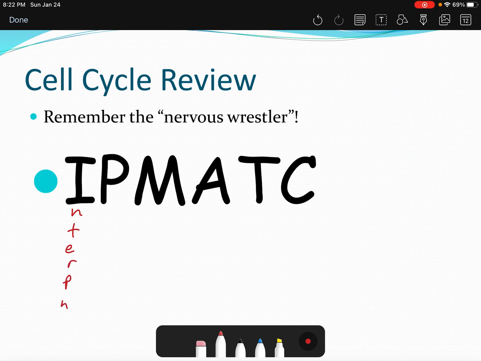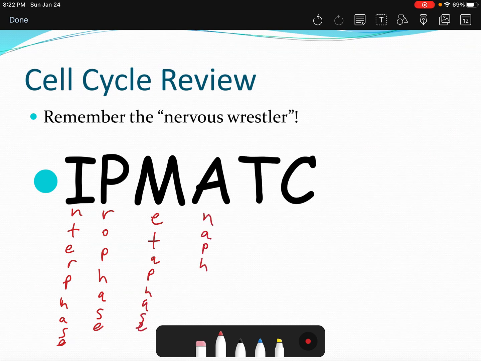Interphase. That's the first stage of the cell cycle. And then we have prophase, metaphase, anaphase, telophase, and cytokinesis.